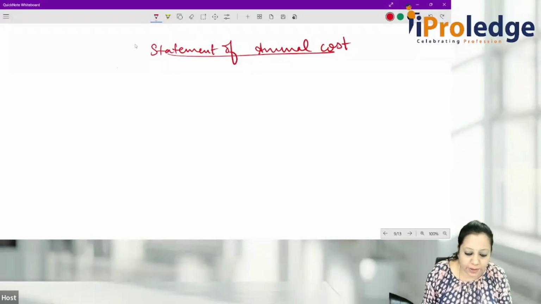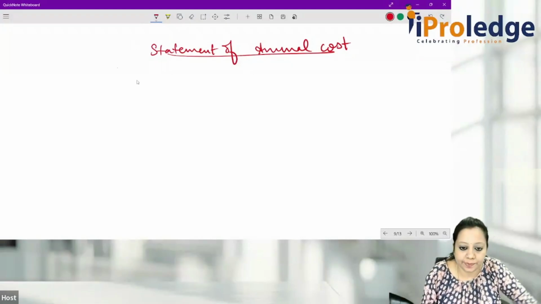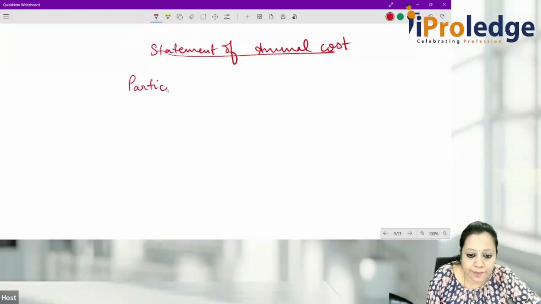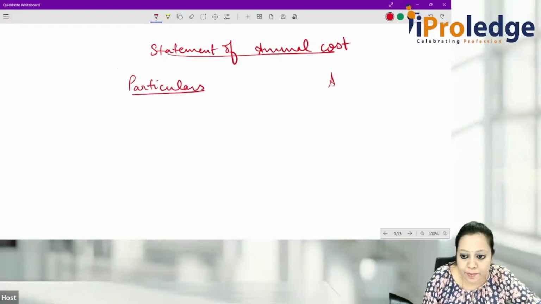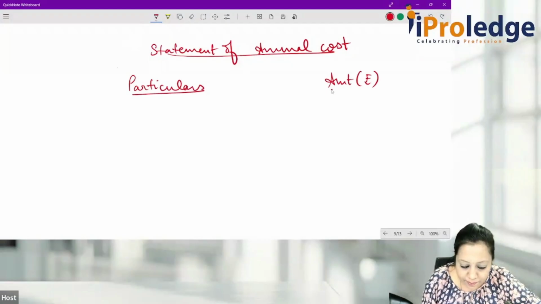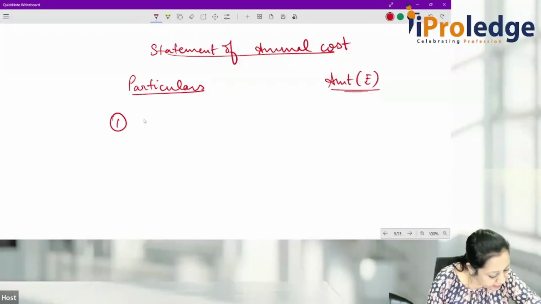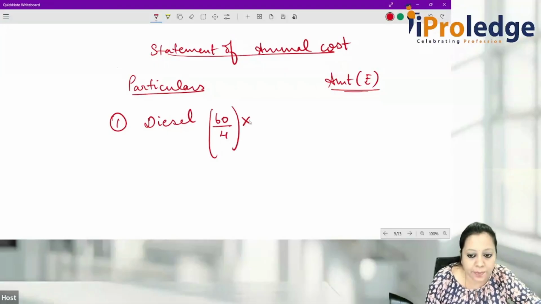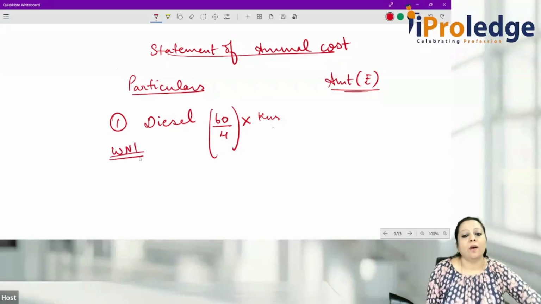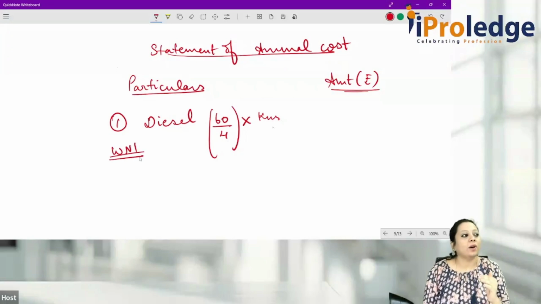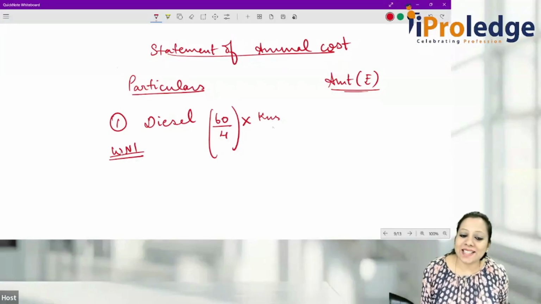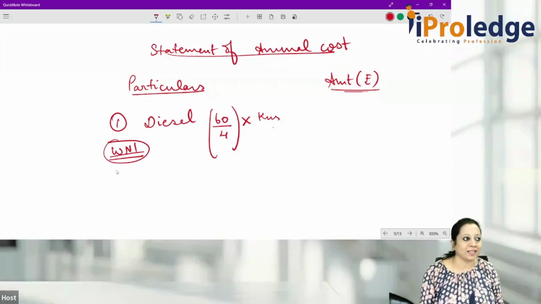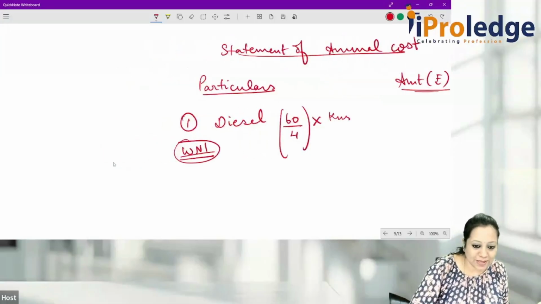So the first one is going to be diesel. 60 divided by 4 into number of kilometers. For that, I'm going to do working note number 1. Already I told you, again I'm telling, working notes should always be below, and please give working note reference, otherwise they will not check the working note. Yes. So now we will proceed.